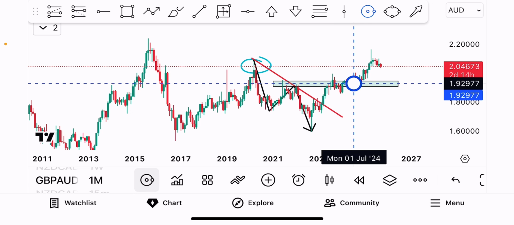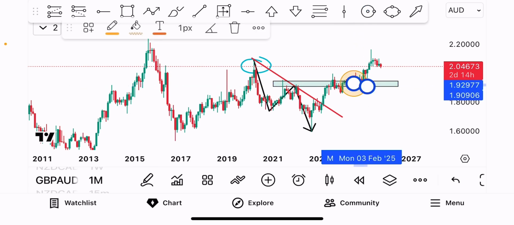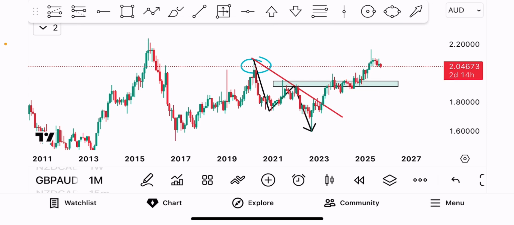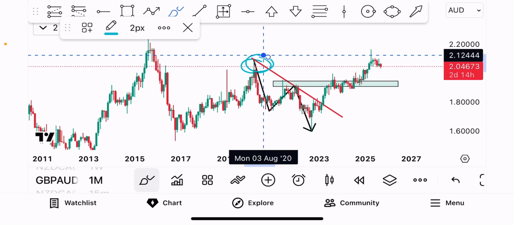From 1.92977, which is here, we had a significant break to the upside, and as we had a significant break to the upside, we have price back at this previous high here. That's where the market is currently trading at.